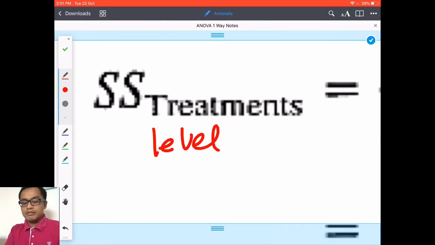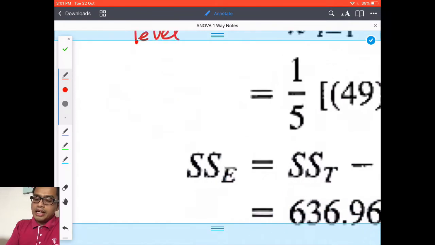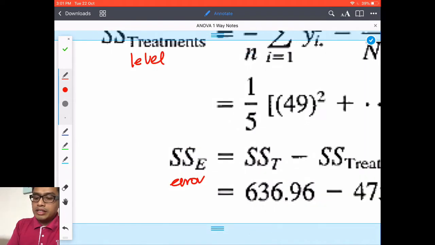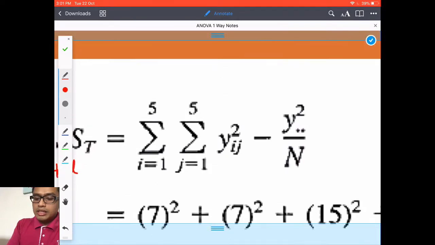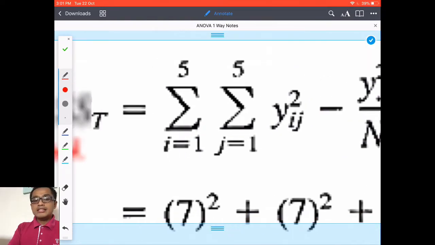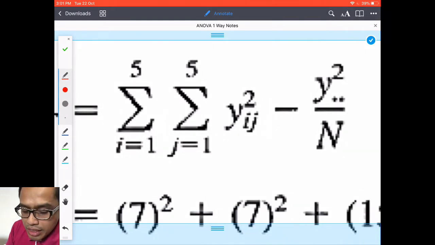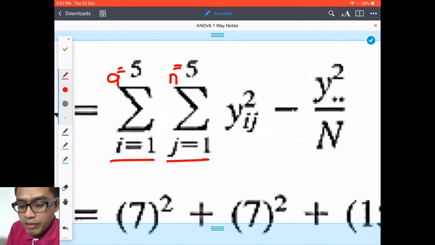I use level. And the last one, SSE for error. The equations are given as such. So here is the equation for SST or SS total. You have two summations. You can see here is i from the first number, j from the first number, right? And this is till a, till n. We have a equals 5, n equals 5.